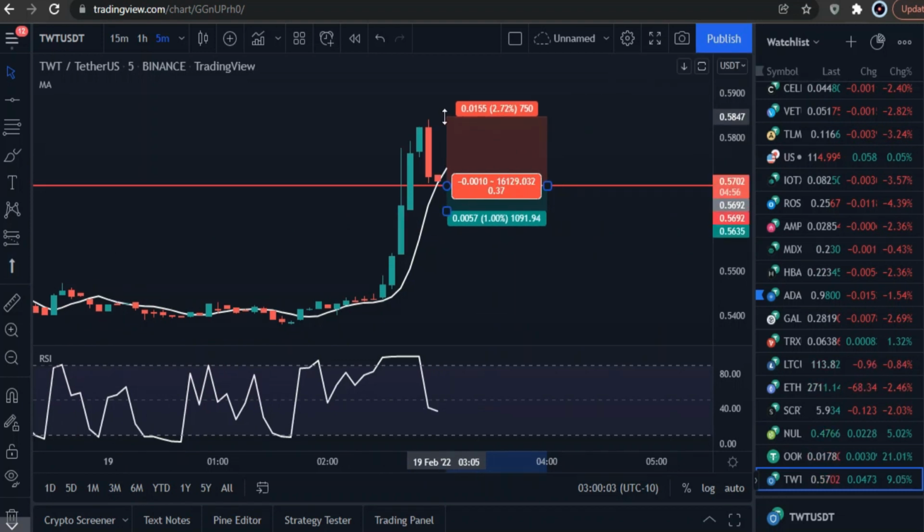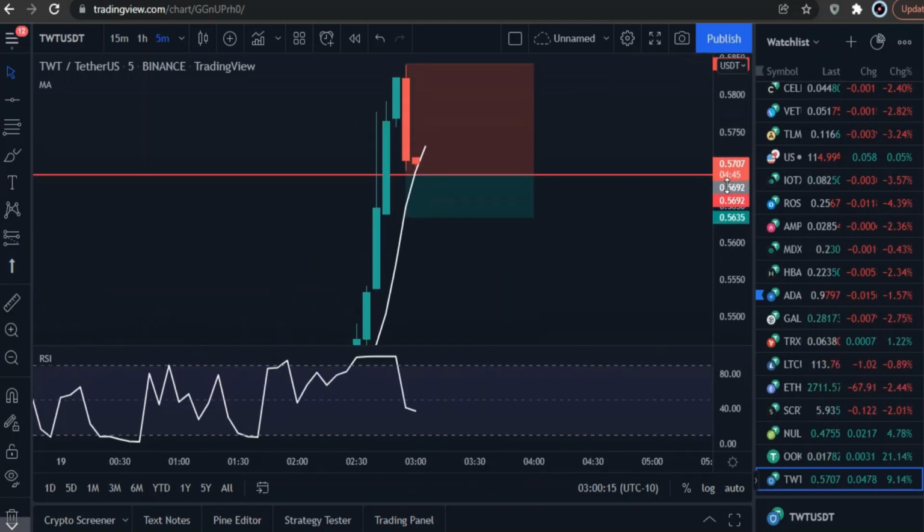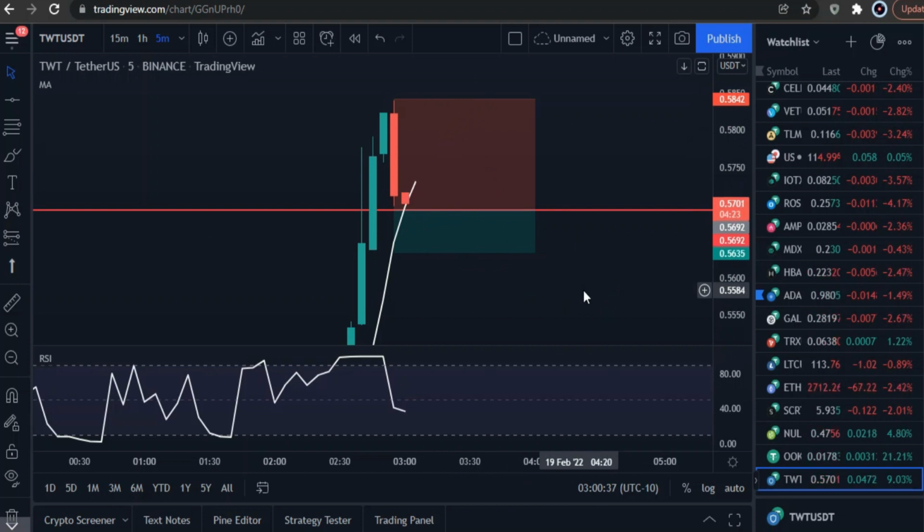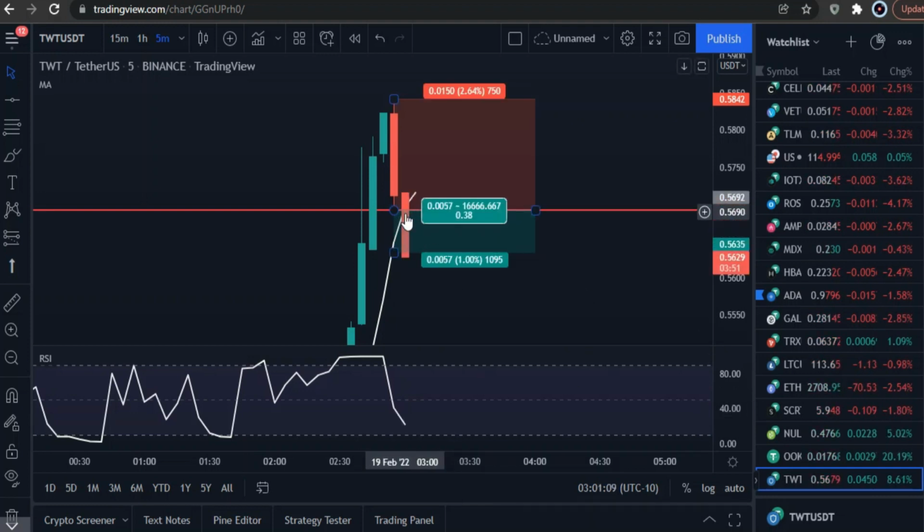We have reached the last 10 seconds, let's place the orders as we did before. Now, the entry order has been activated. And also we achieved the first target.